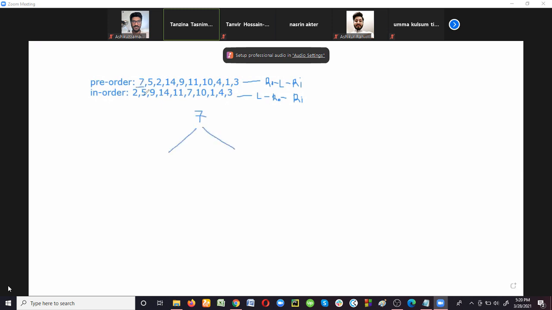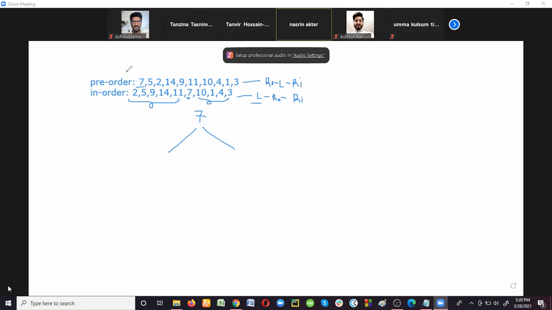So 7 is the root node and we got it from the pre-order traversal method. Now the next step is to identify that node in the in-order traversal. So we can find that node 7 in in-order traversal here, isn't it? And what is the ordering of in-order traversal? Left, root, right. That means all these nodes belong to the left subtree and all these 3 nodes belong to the right subtree, isn't it?